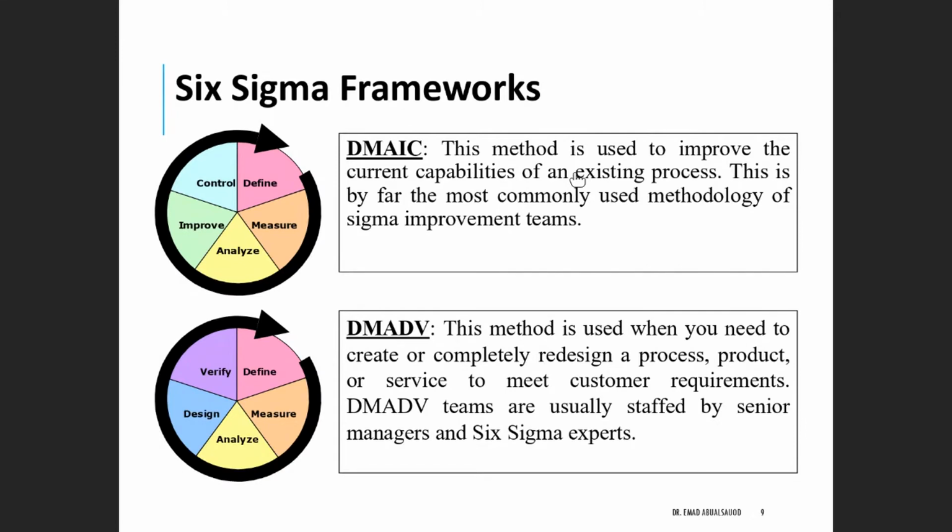Maybe we can explain why DMAIC is more common than DMADV, but this is the more commonly used, and it works for existing processes. DMADV, on the other hand, is used when you need to create a complete redesign of a process or a product or a service to meet customer requirements.